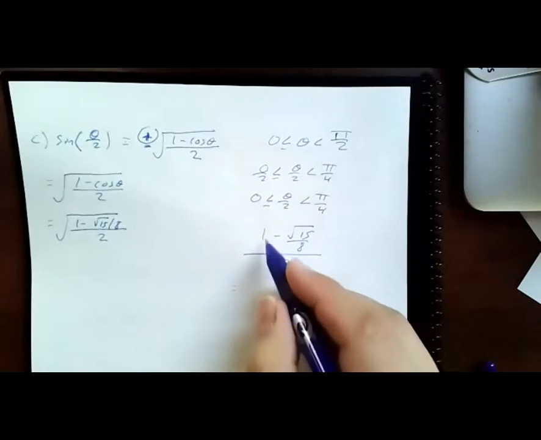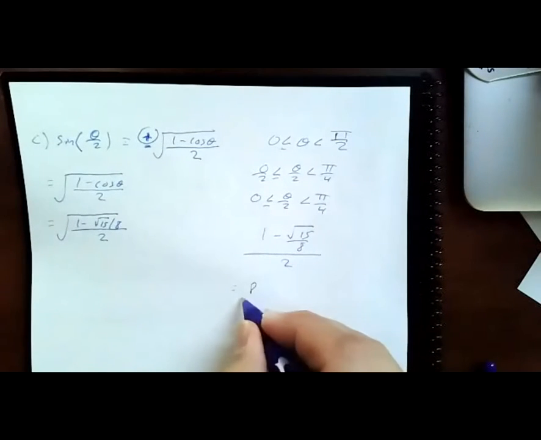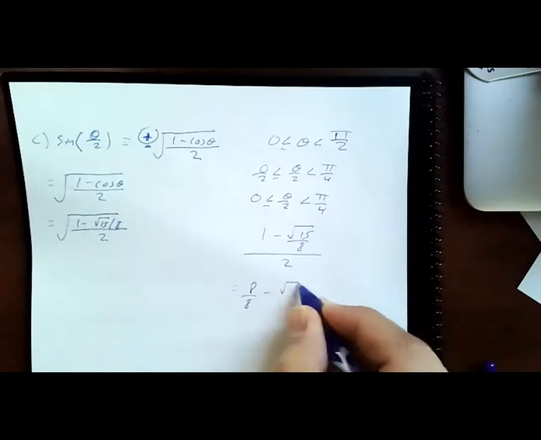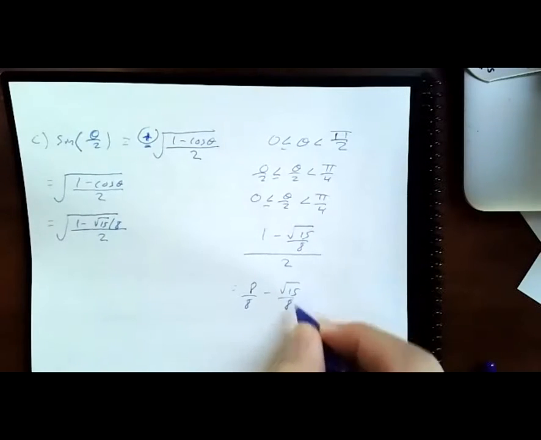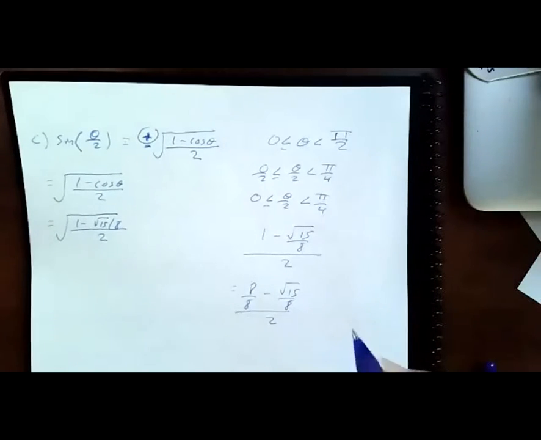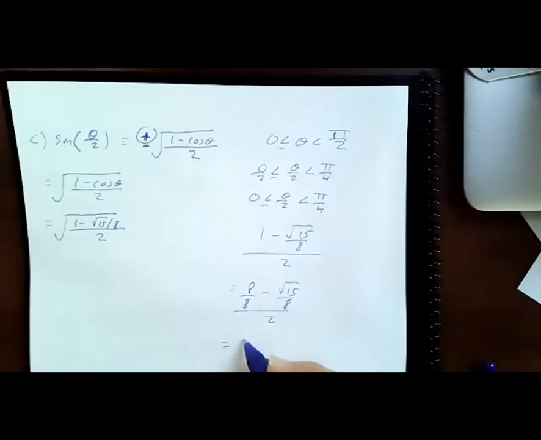So get the common denominator: 8 over 8 minus root 15 over 8, divided by 2, which is the same as 8 minus root 15 over 8 divided by 2.